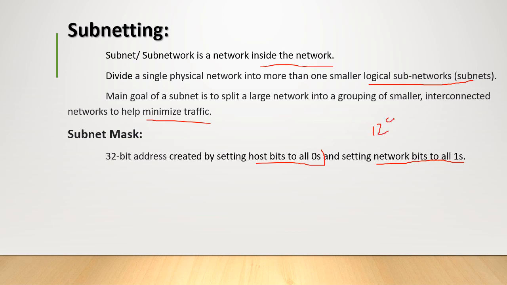Consider that we said this address belongs to class B, 129 dot 144 dot 50.6. This is the network part, the network ID, and this is the host ID.